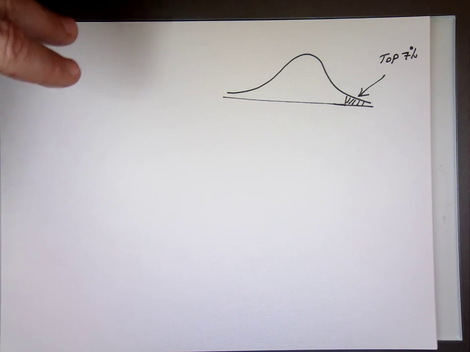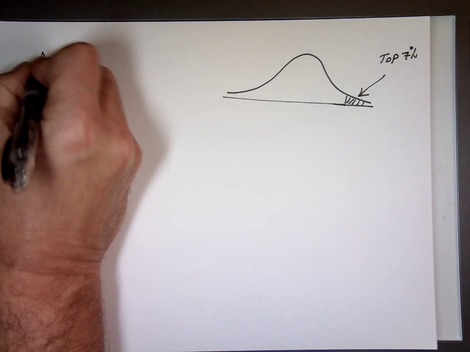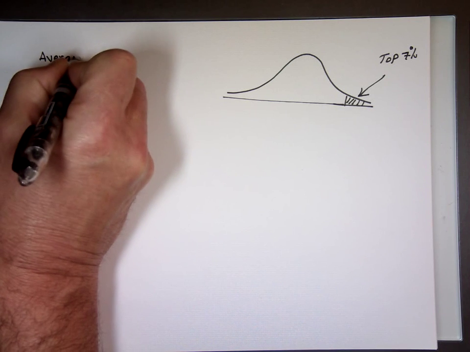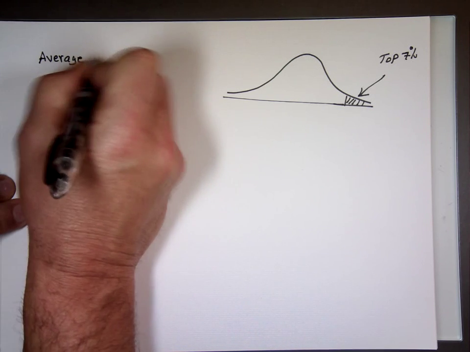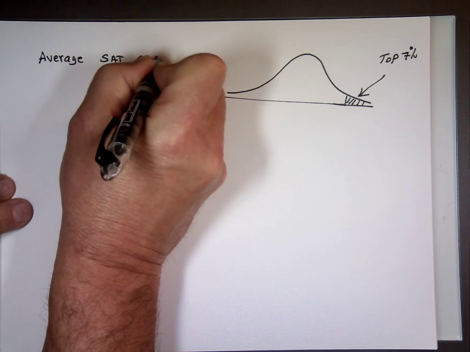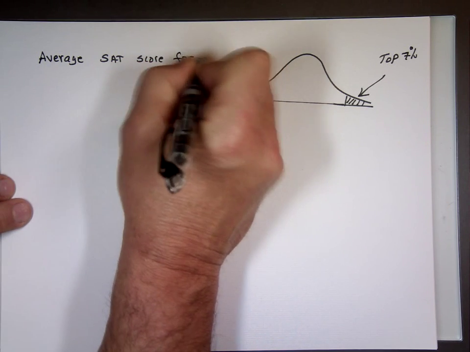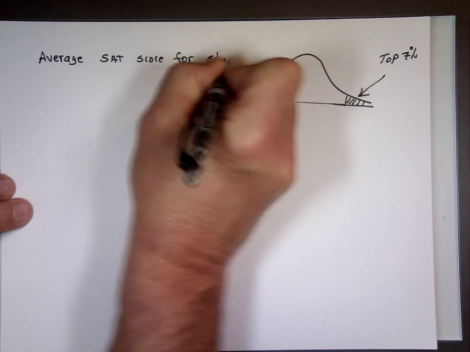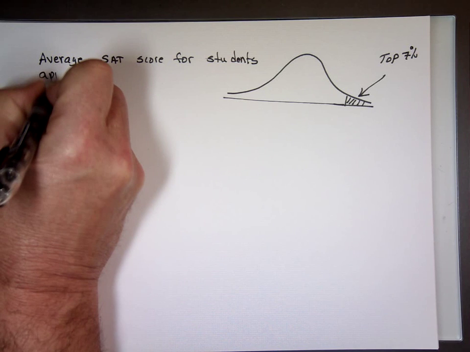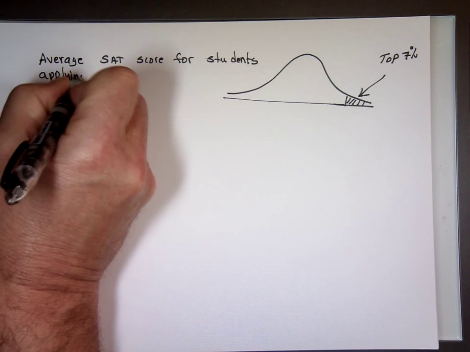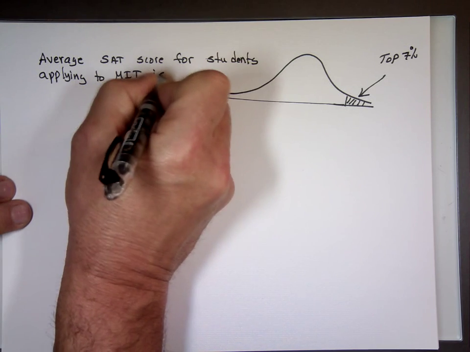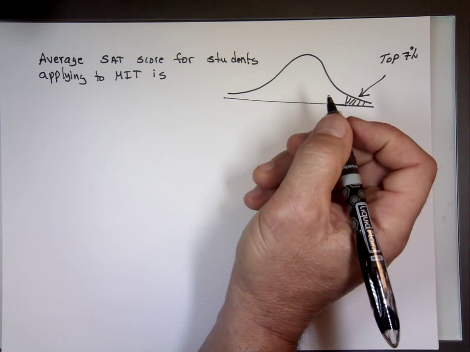So the average SAT score for students applying to MIT is 2200.